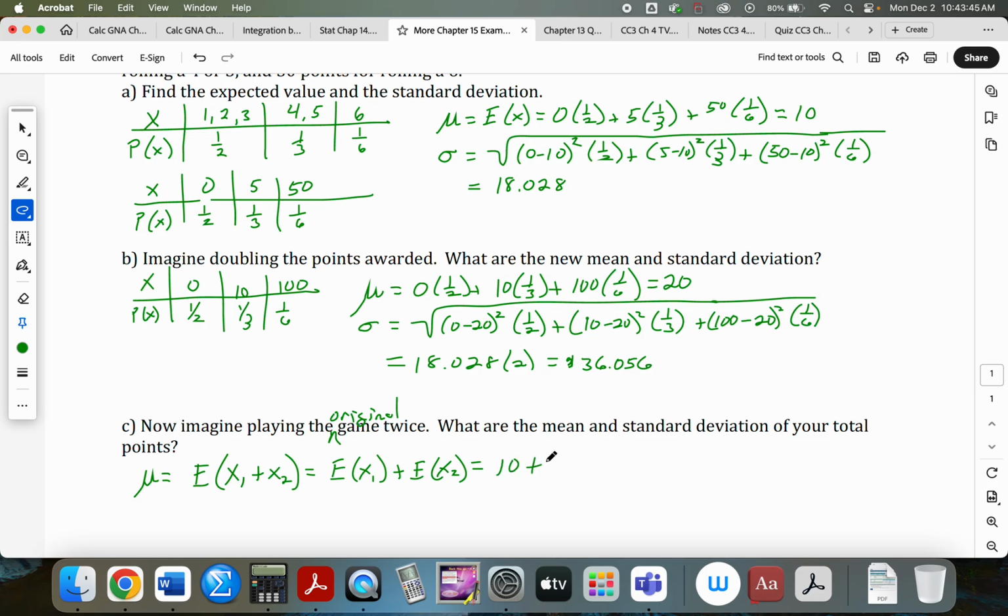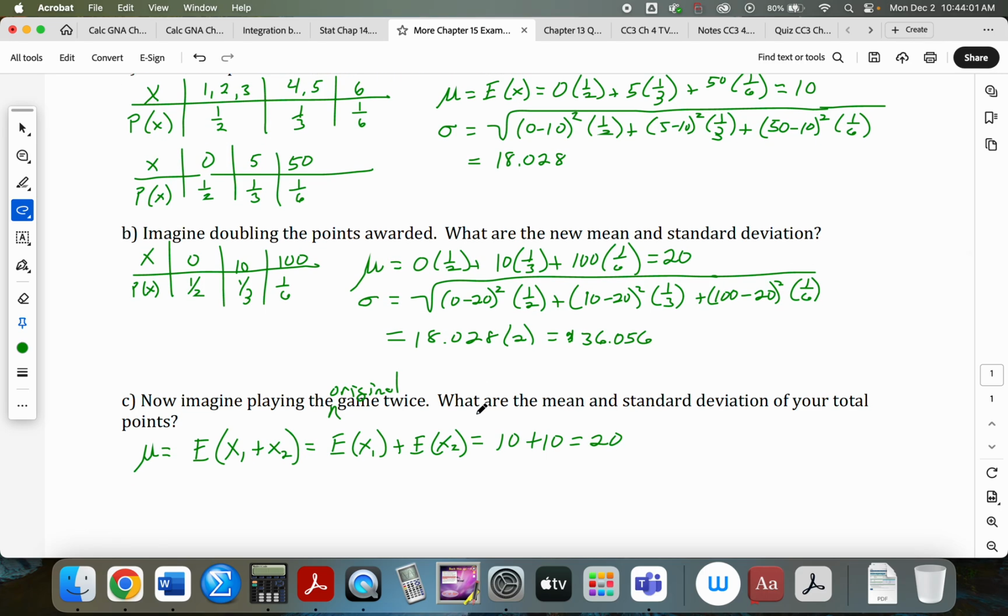So that's going to be 10 plus 10 is 20. And that makes sense. If our expected value or our average playing it once is 10, the average playing it twice should be 20. Where people get messed up is on the standard deviation.